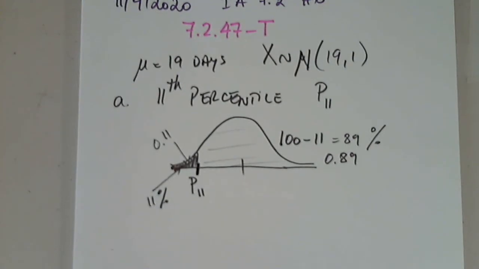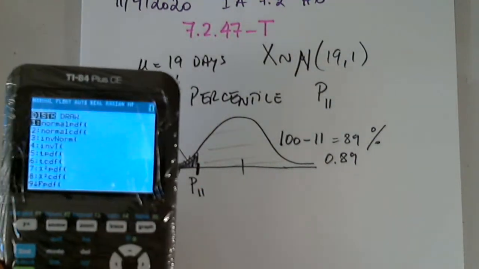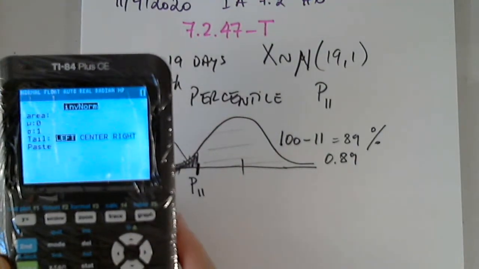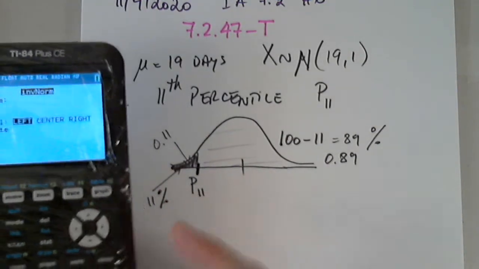Okay, so this is typical for INV norm. I think the question was if we can do this with StatCrunch. I have not checked if we can do it with StatCrunch. But with distributions, INV norm, the area to the left is 0.11.